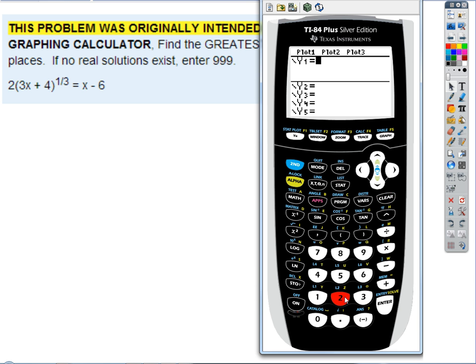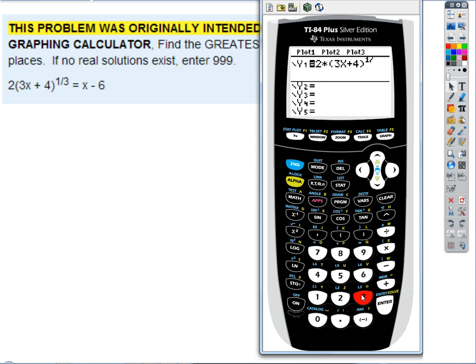So 2 times the quantity 3x plus 4, to the power of 1/3.